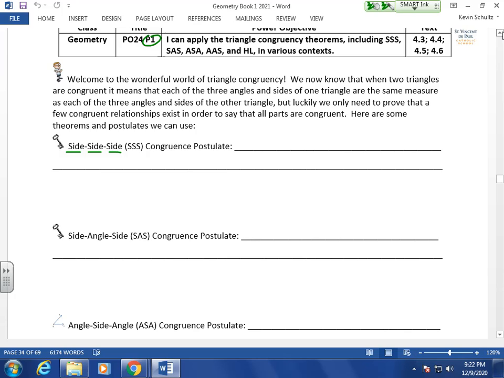So what this says, if 3 sides of one triangle are congruent to the corresponding sides of the other triangle, then the triangles are congruent.